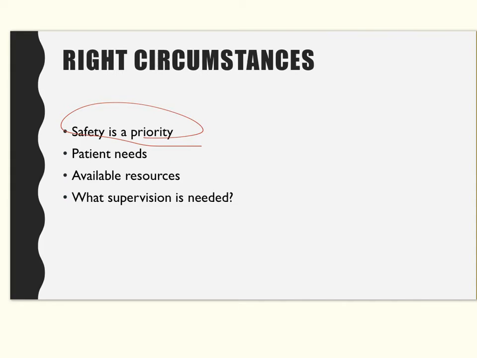Remembering safety is a priority. What are your patient's needs? What are the available resources? What supervision is needed? What's the skill of the individual that you're actually delegating the task to? These are all questions that need to be considered prior to delegation.